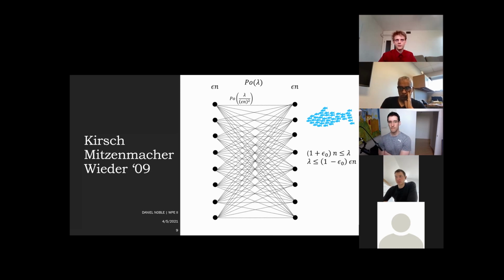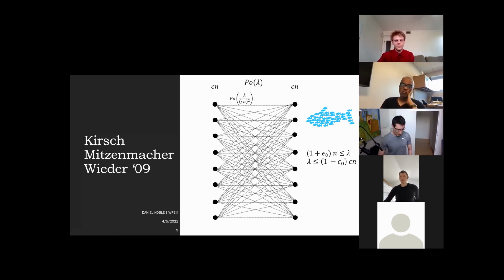So if we had a different, larger value of epsilon, it would be equivalent up to small changes of the constant. Okay, cool, thanks.